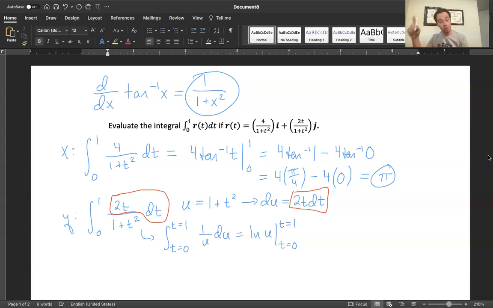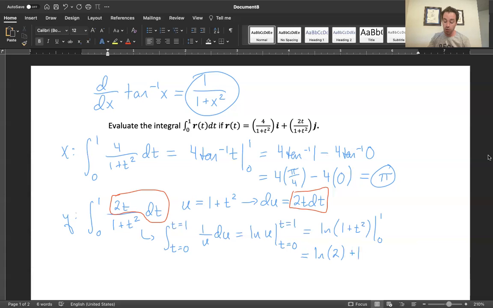And this is where I convert back to the original variable to make it make sense. So this is ln of not u anymore, but 1 plus t squared from 0 to 1. ln of 1 plus 1 squared is ln of 2.